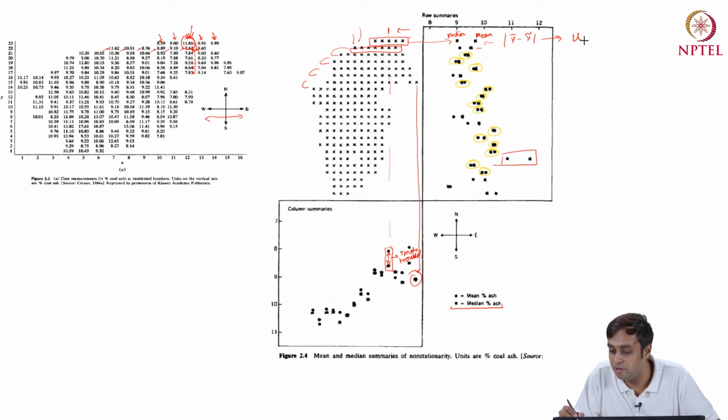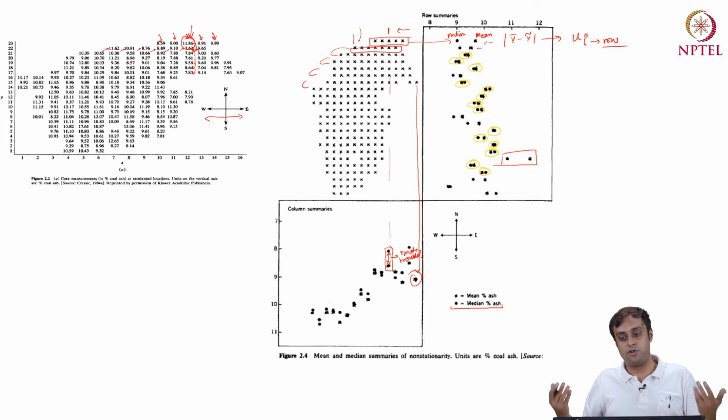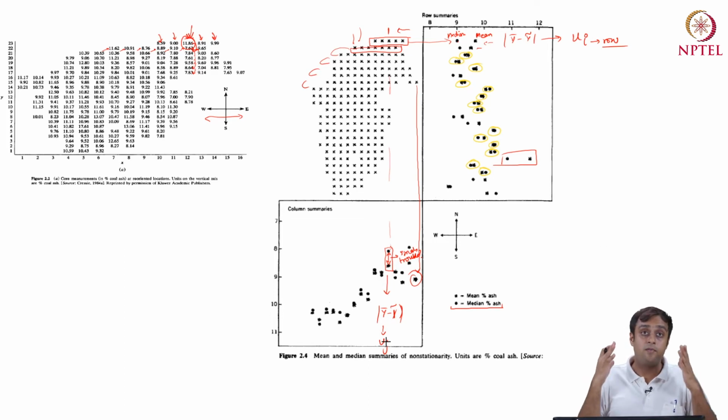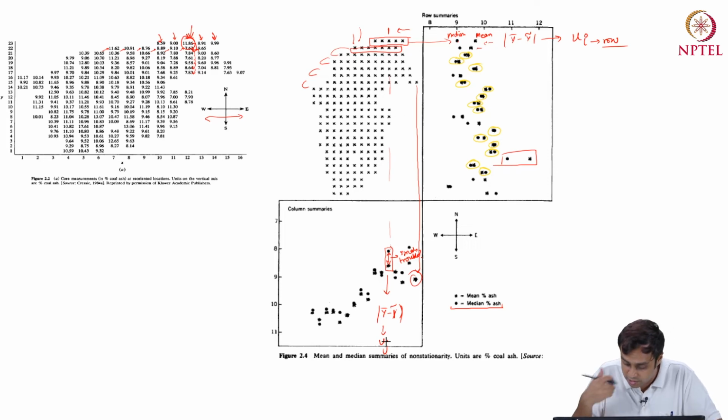So I am going to have ui's, where i is just a representation of rows, and similarly I am also going to have a y bar minus y tilde for each column, and I am going to also have uj's for different columns. Okay, so I am going to be able to build this statistic that is going to signal trouble when y bar minus y tilde is a large enough value. Okay, so that's what we are trying to get at.